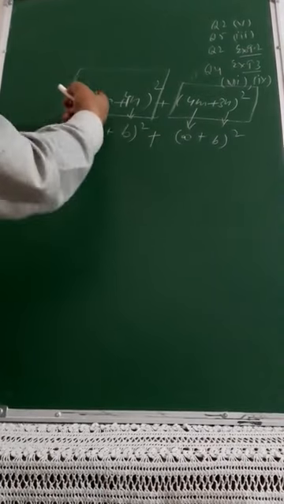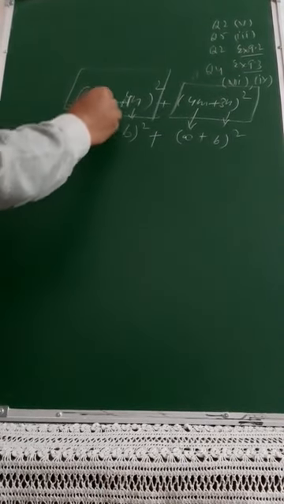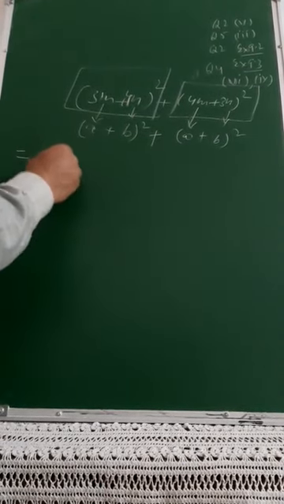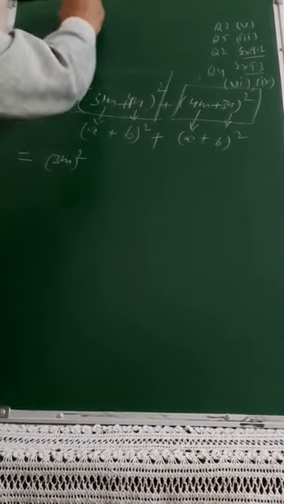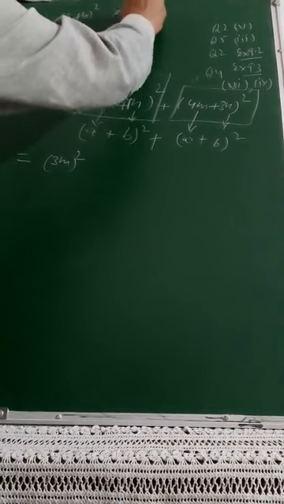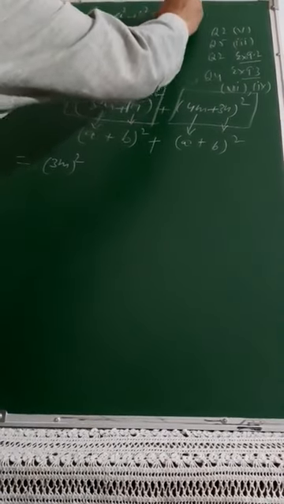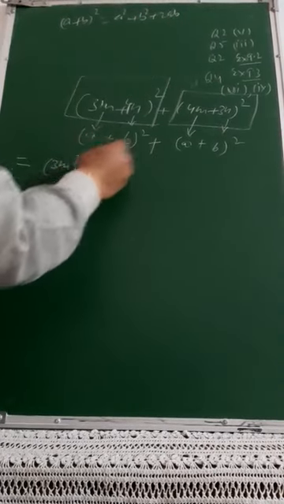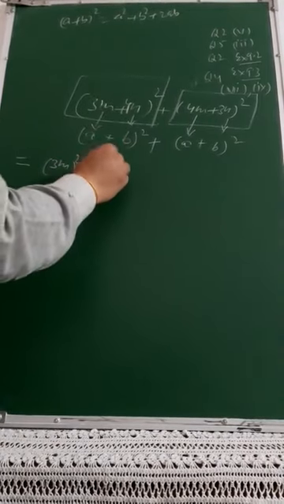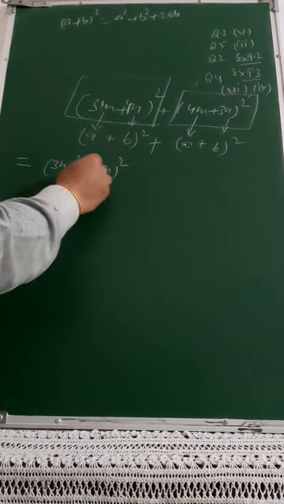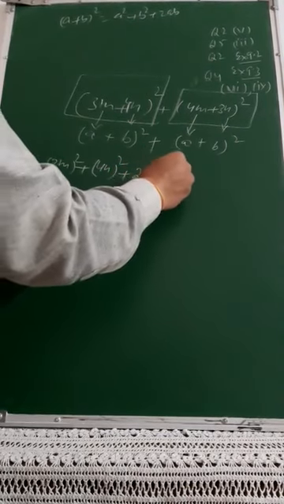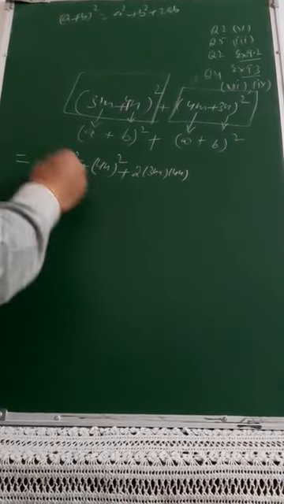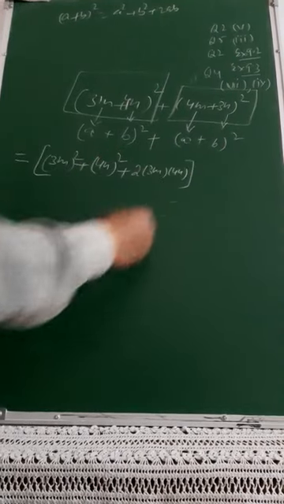So identify what a is here. Here a is 3m, a square, because you know (a + b) whole square is equal to a square plus b square plus 2ab. So expand that. a is 3m, b is 4n: a square plus b square plus 2ab, means 2 into 3m into 4n, and keep this inside the bracket.